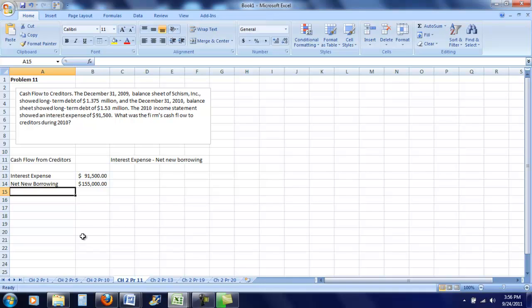So, cash flow to creditors equals interest expense minus net new borrowing, or minus $63,500.